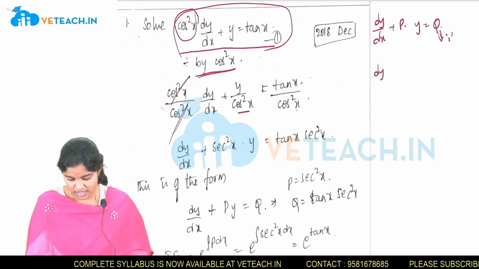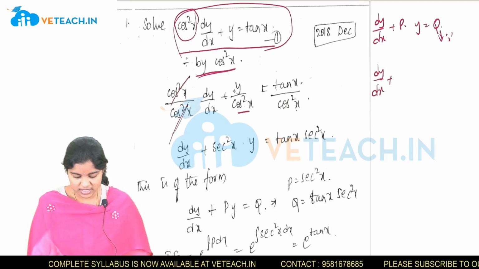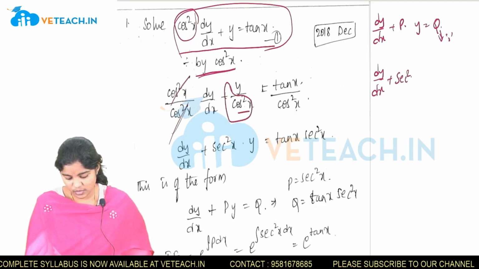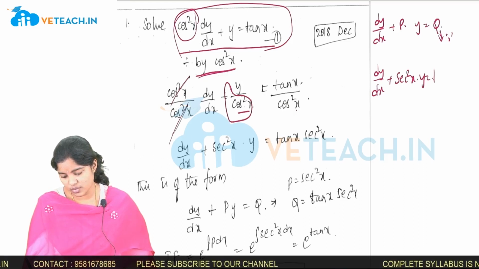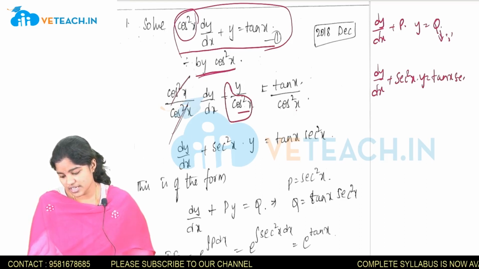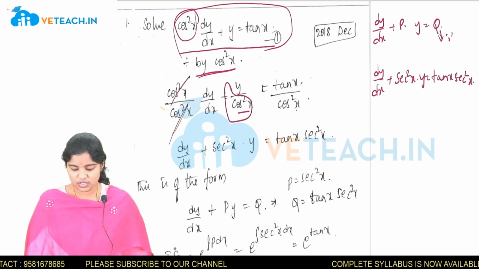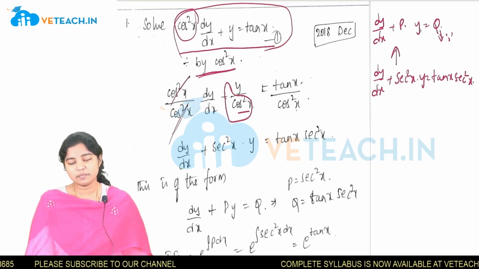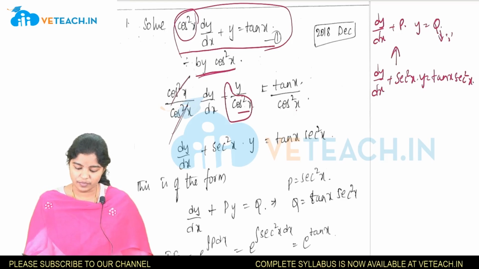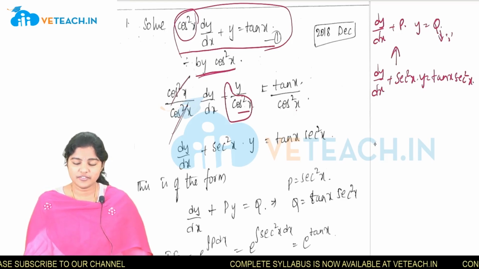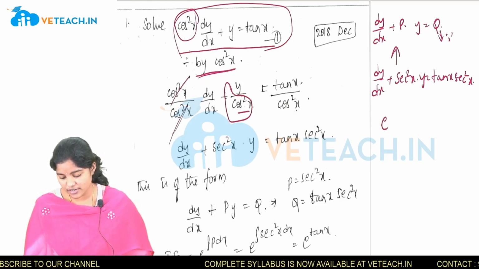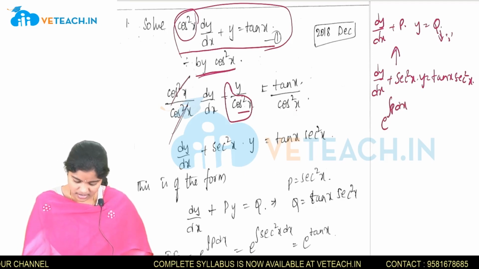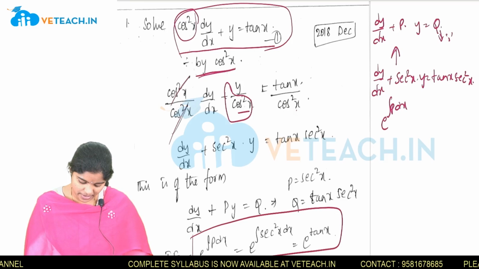So the equation becomes dy by dx plus, since 1 by cos square x can be written as secant square x, secant square x into y is equal to tan x into secant square x. Now this is of the form dy by dx plus P into y is equal to Q. Now let us find the integration factor. What is the integration factor for this? e power integral of P dx.